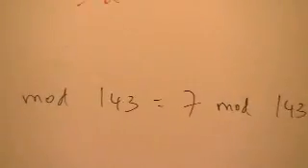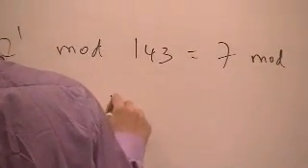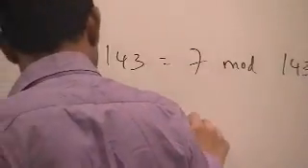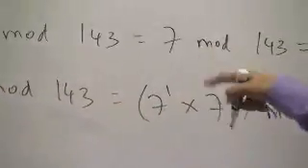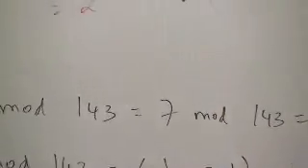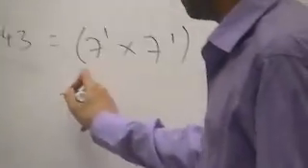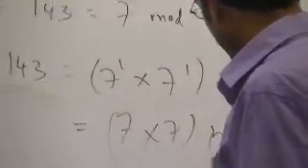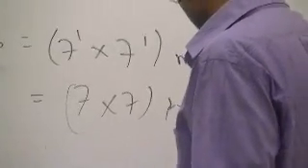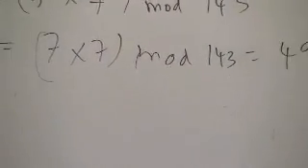And then you want to find 7 squared mod 143. 7 squared is 7 raised to 1 times 7 raised to 1, and we know 7 raised to 1 is 7 in terms of mod 143. So it is 7 times 7 mod 143, which is 49, less than 143.